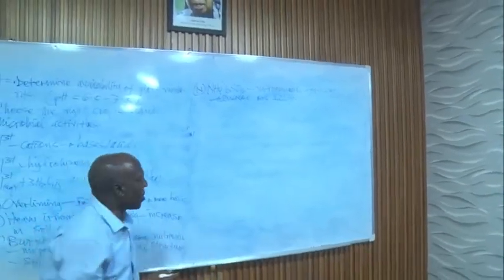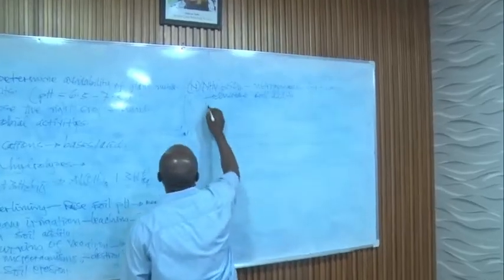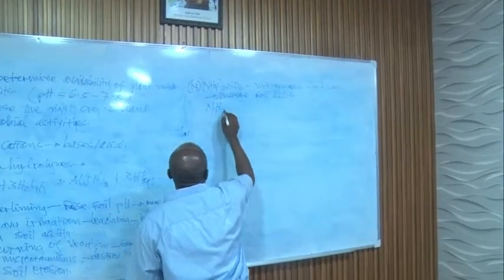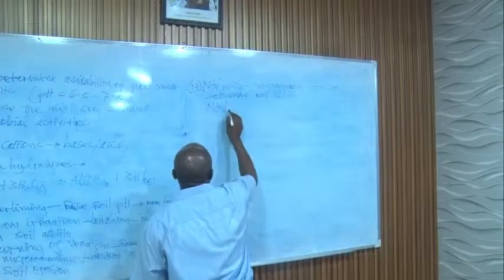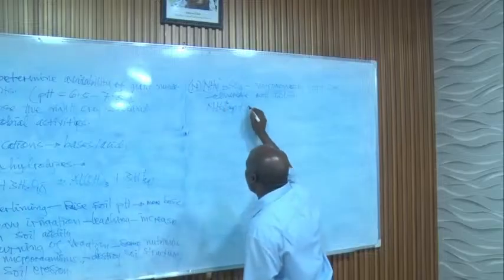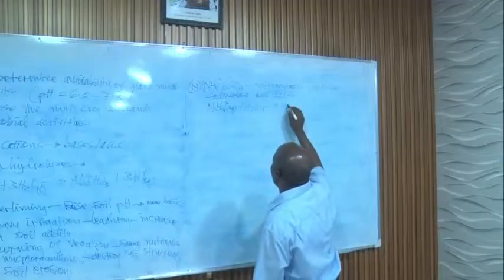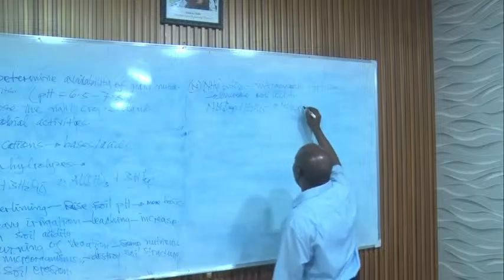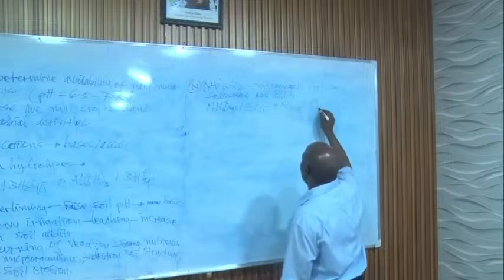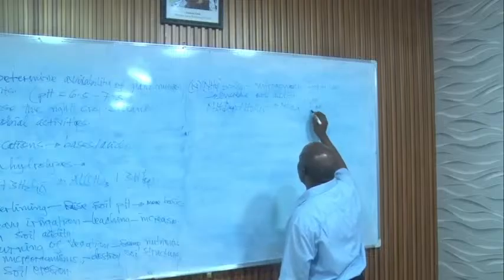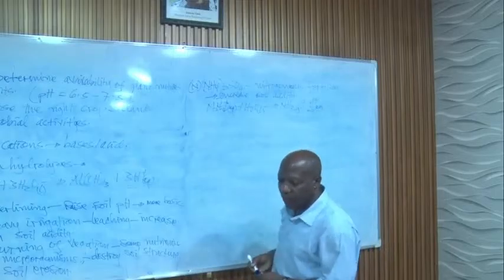Why? Once the ammonium sulfate is applied in the soil, it will form ammonium ions. Then in the presence of soil water, this will end up with the formation of ammonia, which will be given out, and hydrogen ions. So these hydrogen ions are the ones which will lead to soil acidity.